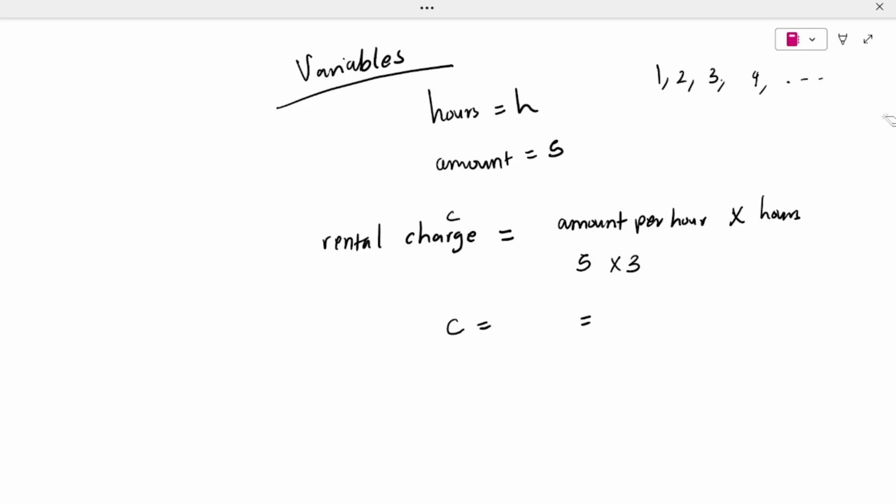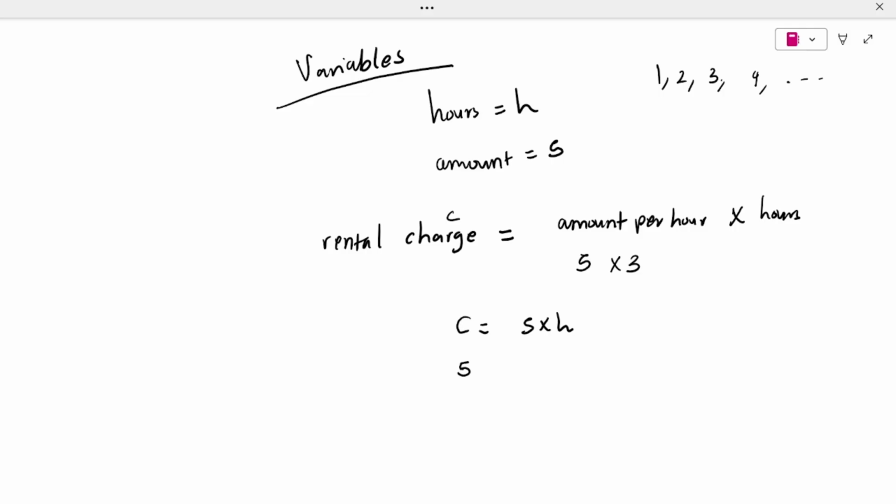But since we are learning about algebraic expressions, that's why I say the hours is equal to H. Imagine you don't know how many hours the person has read this book. So we are going to put the algebraic expression to be 5 times the hours.